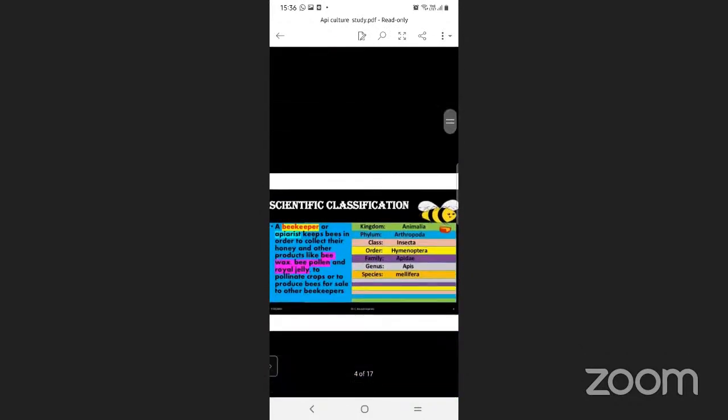When we see them under classification, the beekeeper or apiarist keeps bees in order to collect their honey and other products like beeswax, bee pollen and royal jelly, and to pollinate crops or to produce bees for sale to other beekeepers.